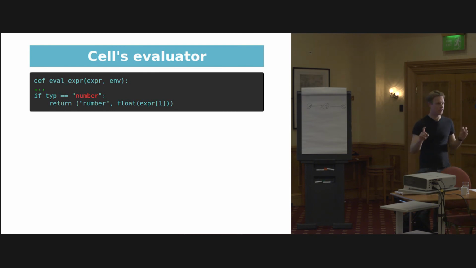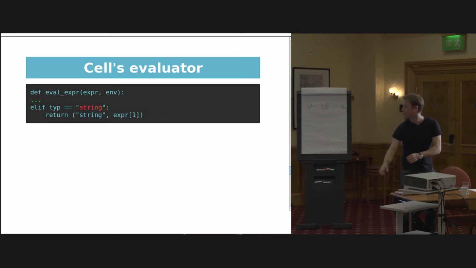It's a value of type number. And this is a value of type string, which looks exactly the same as both the abstract syntax tree and the lexer token, but they're completely different things. And again, Cell happens to agree with Python about the exact definition of a string, except for all the things that aren't allowed in the Cell string because it doesn't know so many ideas like escaping.